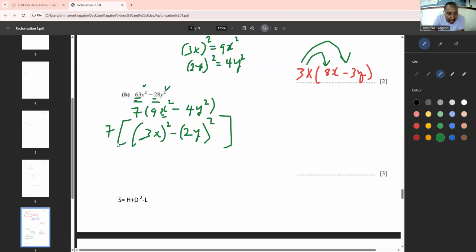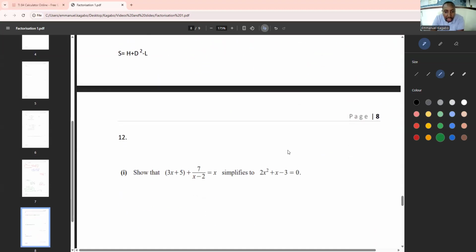You have to be careful with that. Okay, so that means here now I'll get 7 bracket 3x plus 2y, and then 3x minus 2y. That's the final answer here. Good, very good question. Okay, good.